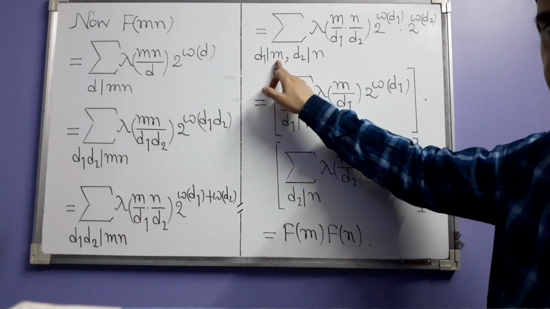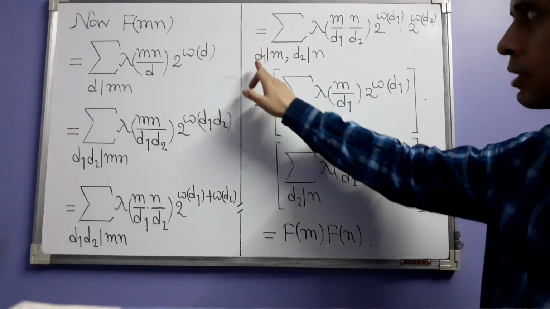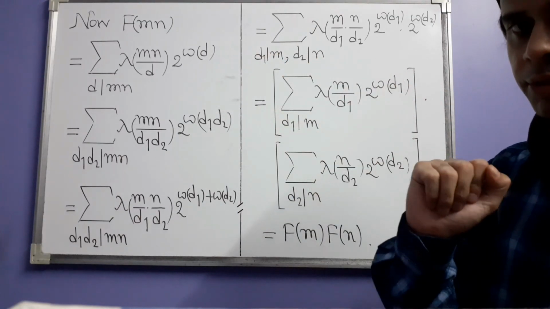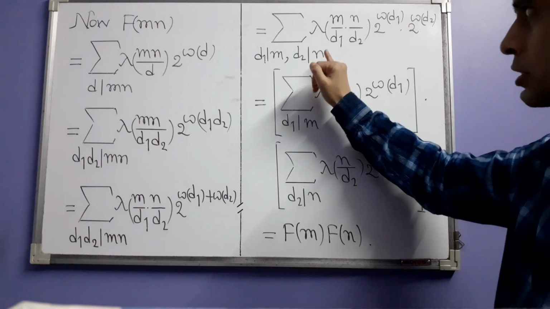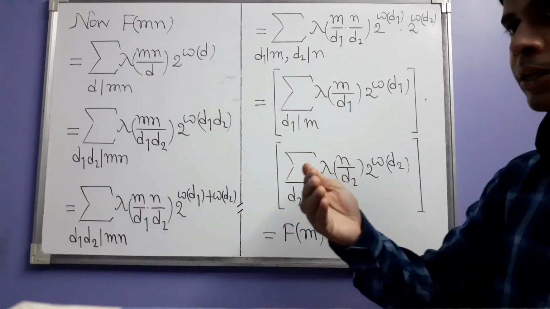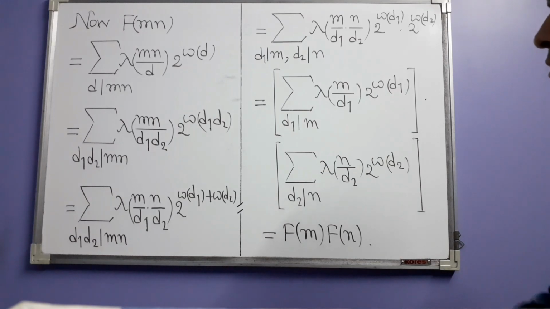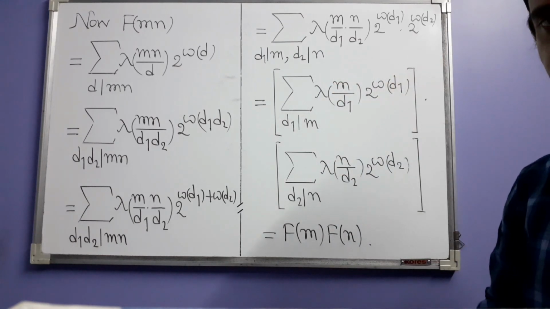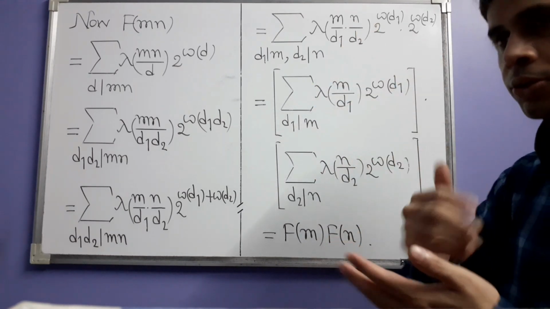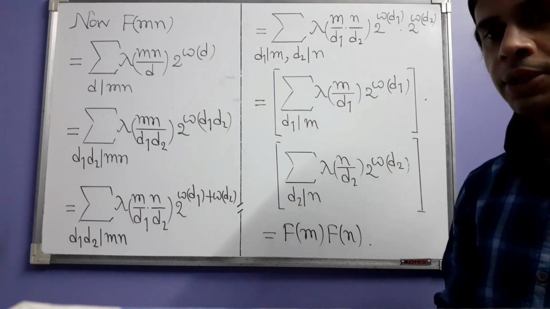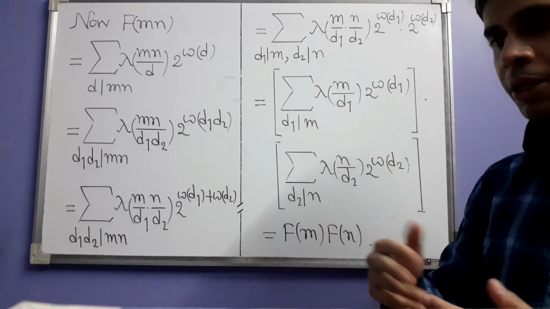m is 3, so you will be considering all the positive divisors of 3. There are only 2, 1 and 3, because 3 is prime. Because n is 4, d2 will vary over the set consisting of 1, 2 and 4. How do you write this sum? This sum will have all possible combinations of d1 and d2, regardless of which one comes with which.